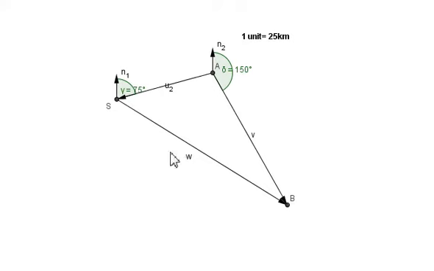In order to do so, we need to find the angle B, S, A, and we have to add it to gamma to get the bearing of point B from point S. And here we can use the sine law.